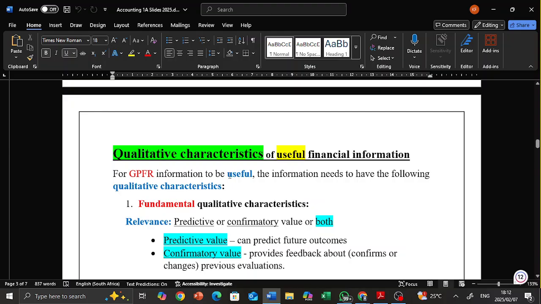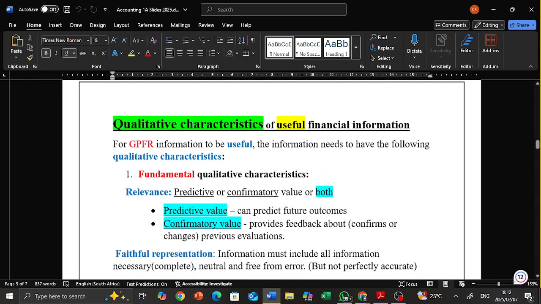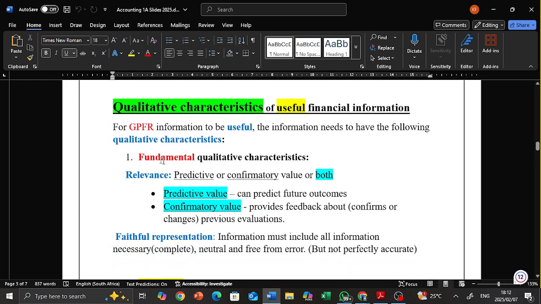When it comes to the qualitative characteristics, they need to be present in order to make financial information useful. If they are not present, forget about it. So for financial reporting to be useful, the information needs to have the following qualitative characteristics.